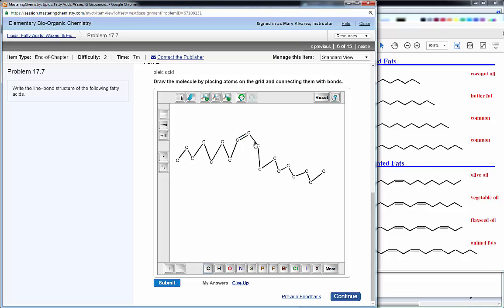I did that to show that that's a cis bond. I'm not entirely sure that Mastering Chemistry will notice. Let's try that. Again, no hydrogens. We just have 18 carbons with 1 cis double bond.